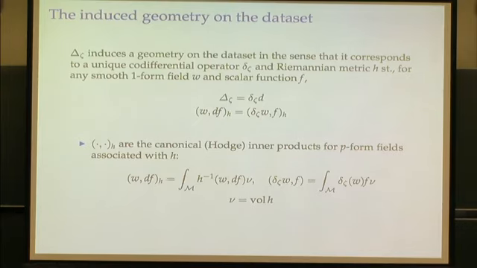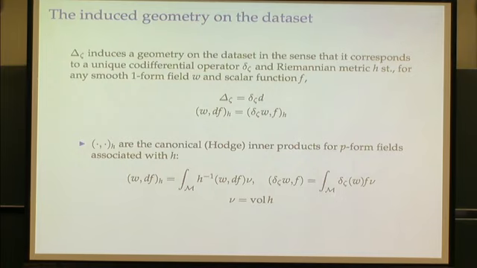An equivalent way of thinking about the connection with the geometry is through the decomposition of the diffusion operator into the exterior derivative and the co-differential, and there the dependence is the pairing of the diffusion operator with a given metric. In this case, I'm denoting the metric by h because it will be different from the ordinary Riemannian induced metric that we had before.